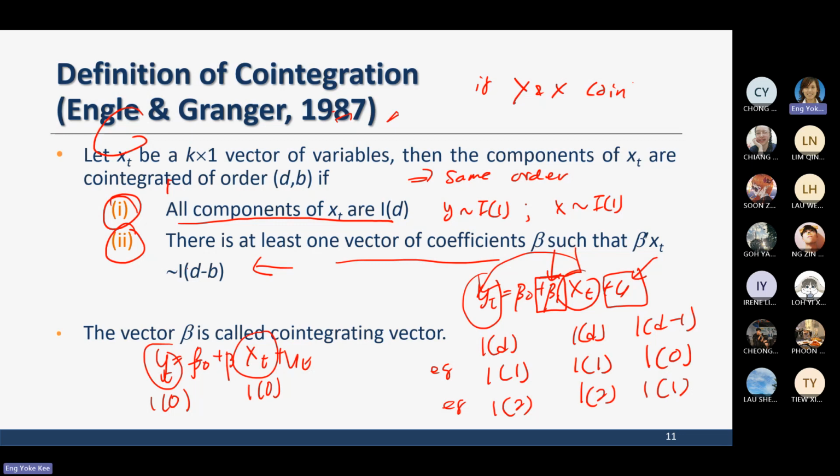You can directly estimate this because it fulfills the assumption already. There is no need for you to carry out a co-integration test. So what we worry about is the case where your order of integration is not 0, it is more than 0. Okay, so that is the statistical term between the two.